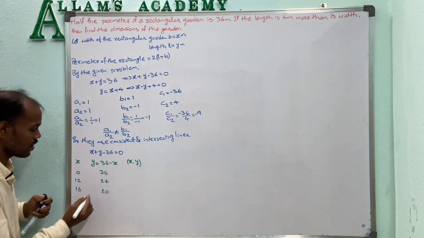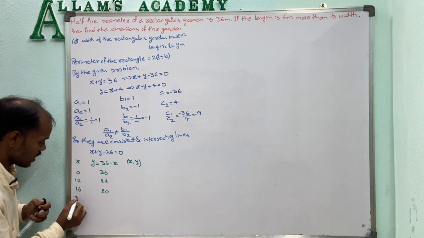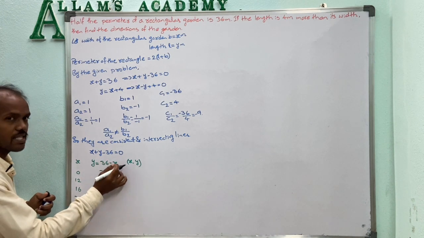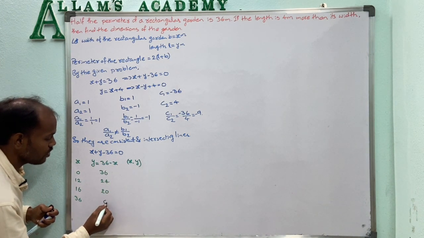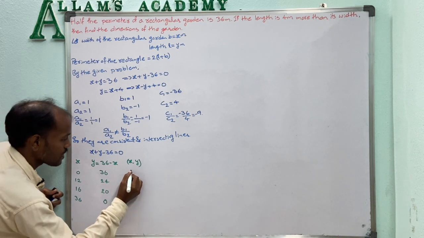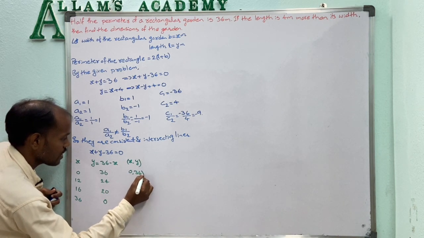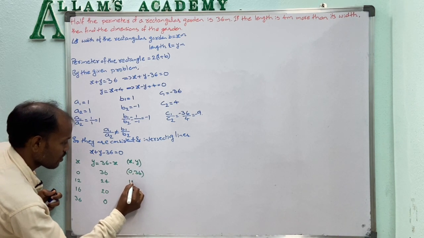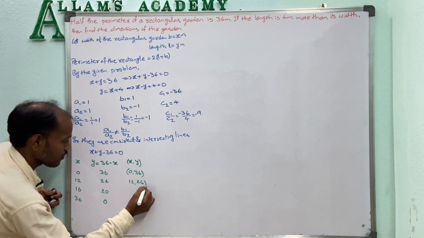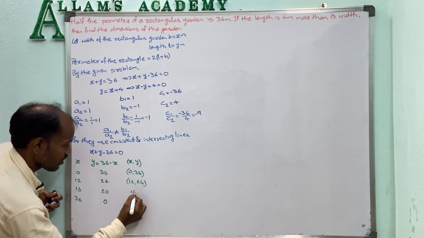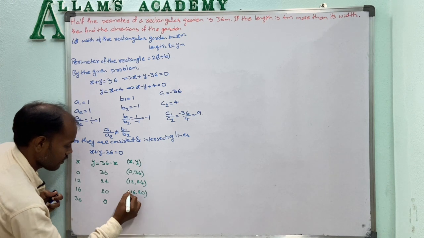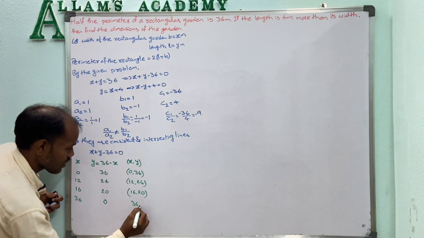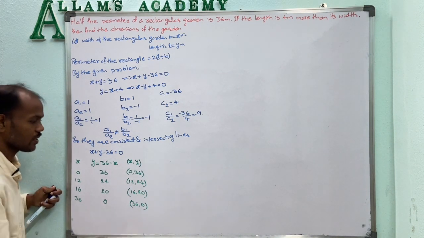If we substitute x as 36, then 36 minus 36 is 0. So the points are (0, 36), (12, 24), (16, 20) and (36, 0).